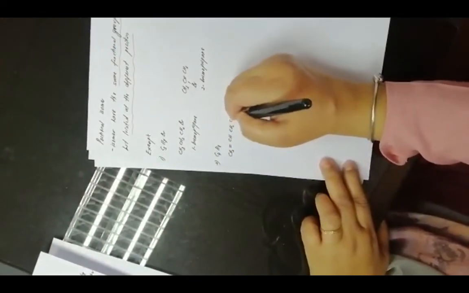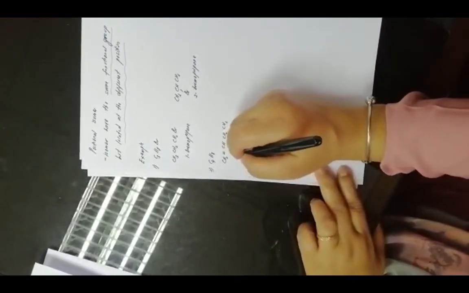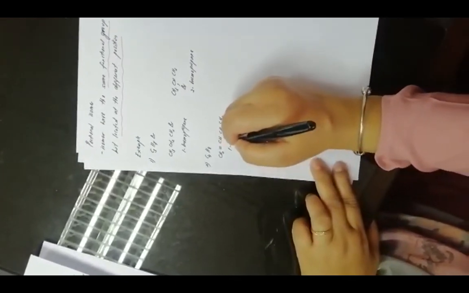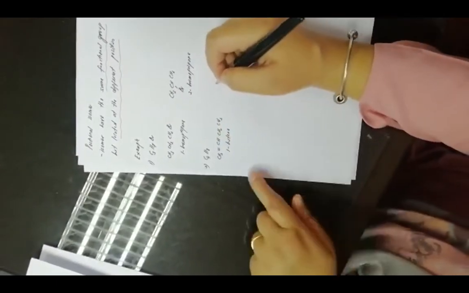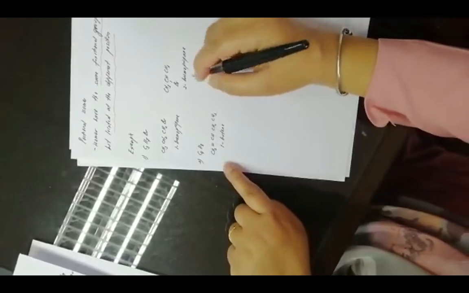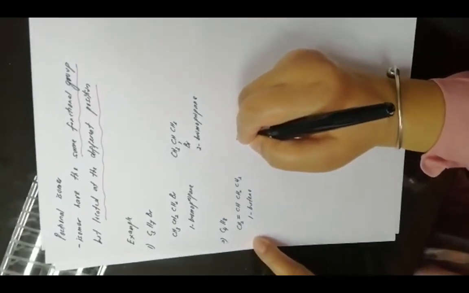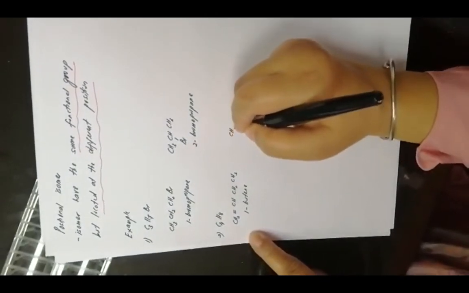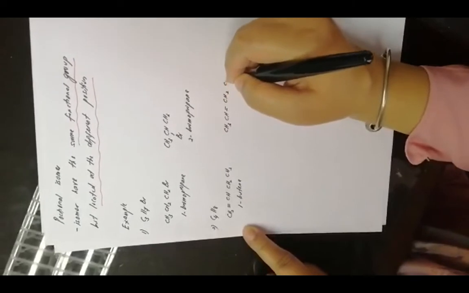Since the carbon double bond is located at the first carbon, the name of this alkene is 1-butene. For the second structure, we can change the position of the double bond, which can be written at the second carbon, like this.